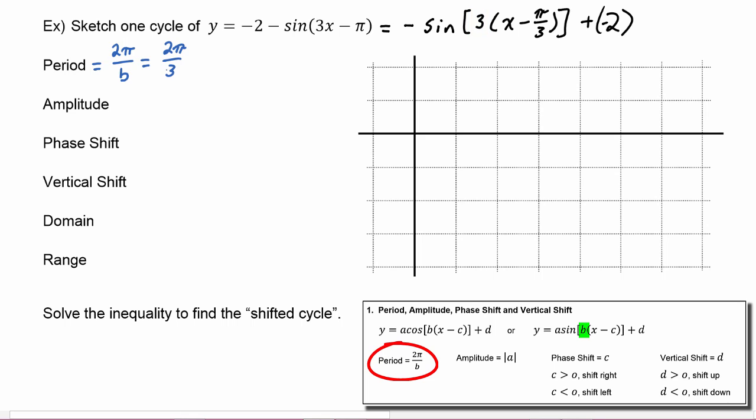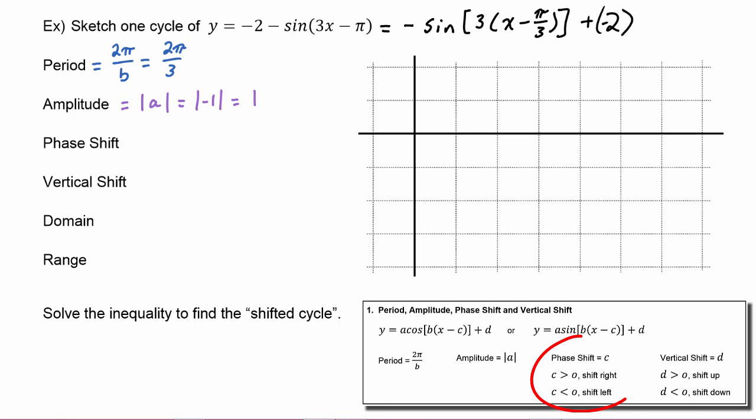So the entire cycle is going to take place in 2 pi over 3. So this will be a horizontal compression. The amplitude is the absolute value of a, and we can see here that a is equal to -1. So the absolute value of -1 is equal to 1.